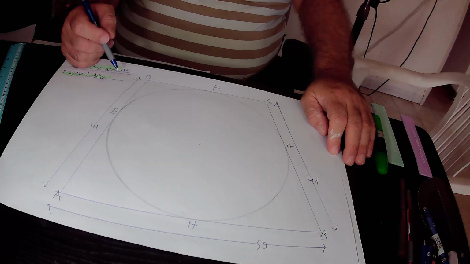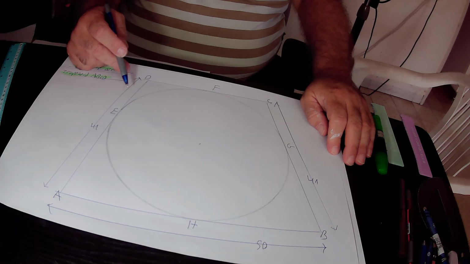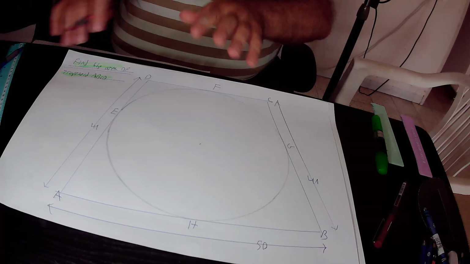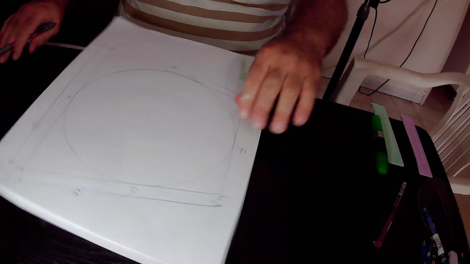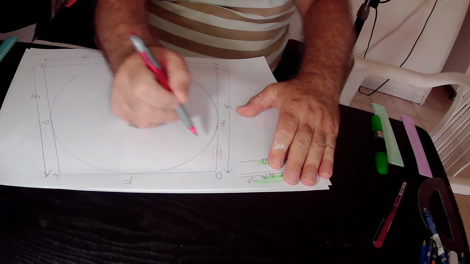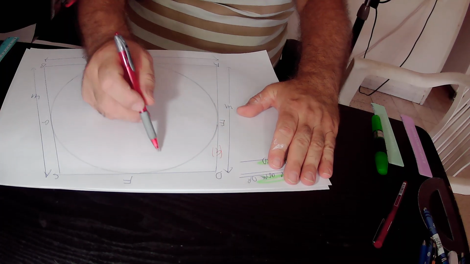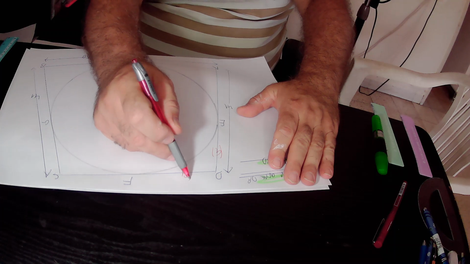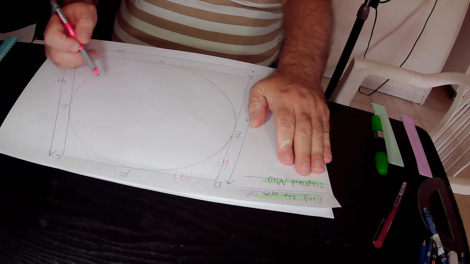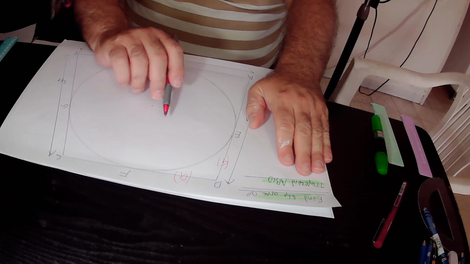So if we define the length of tangent DE as A, then the length of tangent DF must also equal A because they are equal to each other according to rule 2.